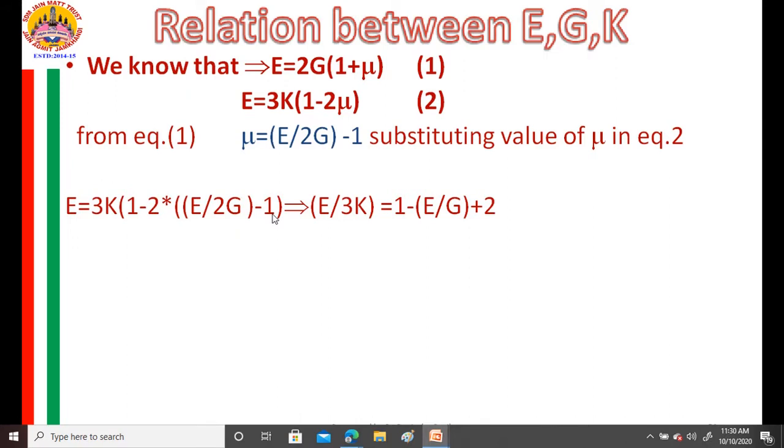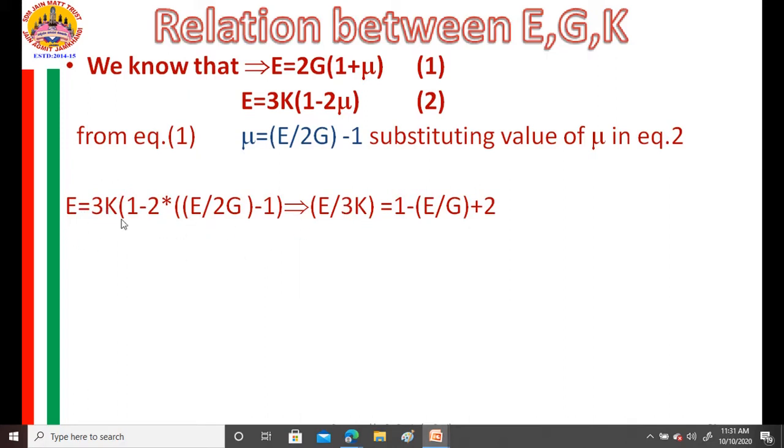Carry the 3K to the other side, therefore it will become E by 3K equal to, what is left on this side is this 1; this 2 and 2 will cancel with this 1, you are left with E by G. This minus 2 minus 1 will become plus 2. Is that all right? First you are taking 3K to the other side, it will become E by 3K.